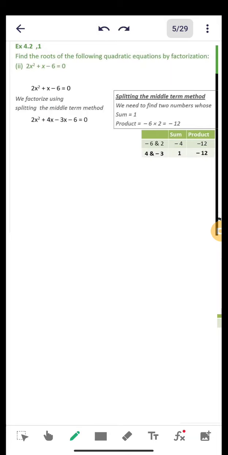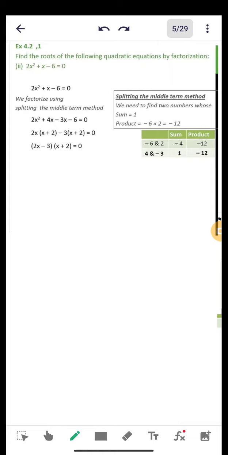Now we take common from the first two terms and the last two terms. From here, I can take 2x as common. When I take 2x from here, I get x plus 2, and from the next two terms I can take minus 3 common. Here also remains x plus 2. We have done many questions of this type in 8th class.